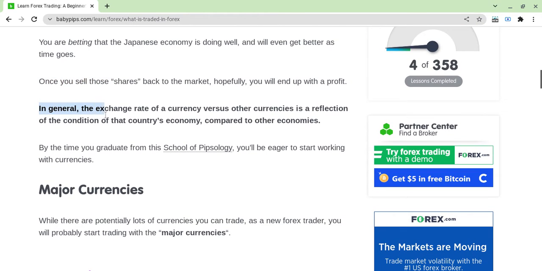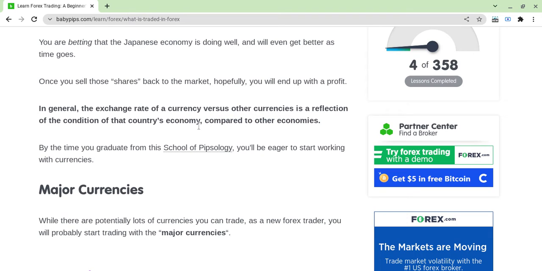So here's the point. In general, the exchange rate of a currency versus other currencies is a reflection of the condition of that country's economy compared to other economies. So you can't really measure that country's economy in the foreign exchange marketplace without comparing it to another economy.